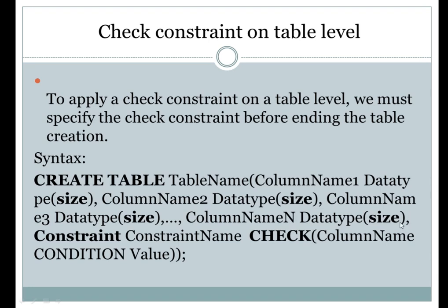And at the end of this query we put constraint name, check whether column name, a particular condition and value, and we end the create table by putting a semicolon at the end of the query. This is our table level check constraint query.